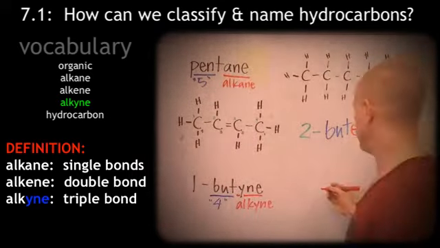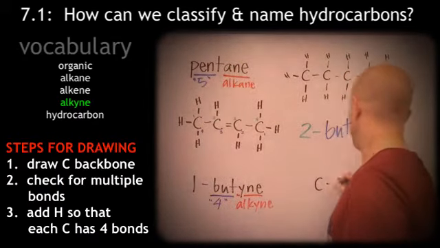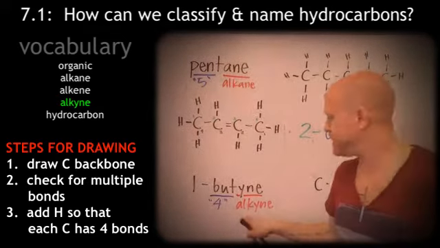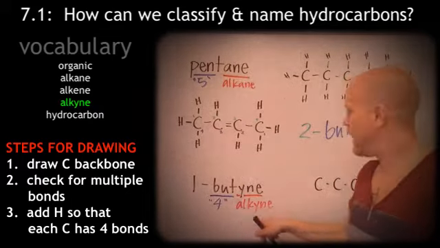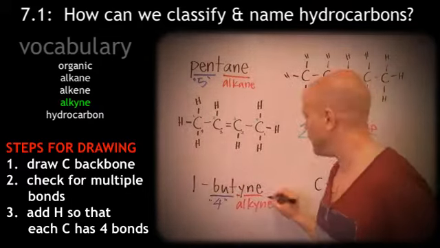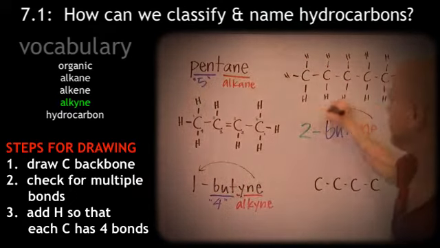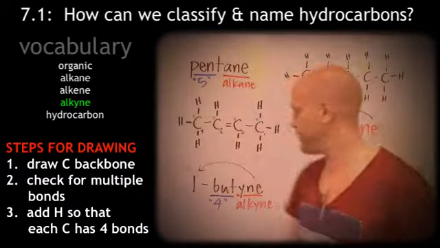So we're going to do 1, 2, 3, 4. Now, I know that there's a triple bond. That's what the alkyne means. And I know that it's on carbon 1. So the triple bond is on carbon 1, just like the double bond was on carbon 2. This one has only single bonds, so that's why there's no number in front.